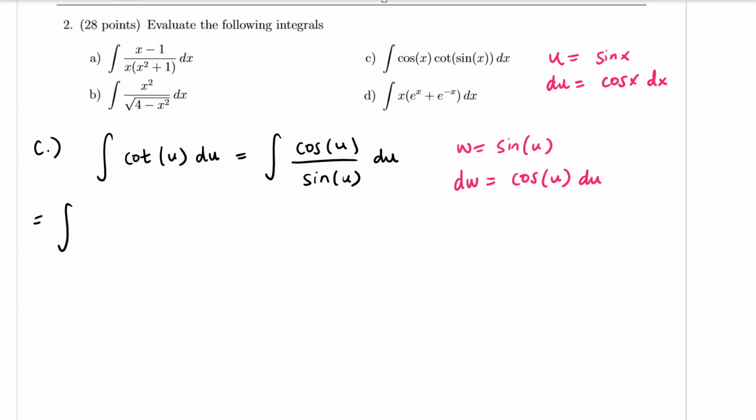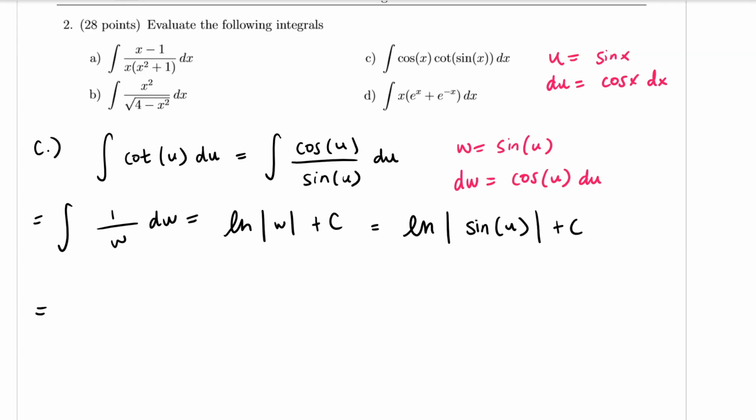This will turn into 1 over w dw. If we take the antiderivative of that, we'll get the natural log of the absolute value of w plus our constant of integration. And then we can sub w for sine of u.